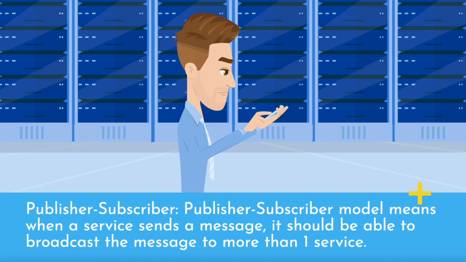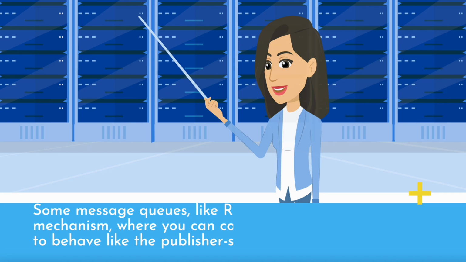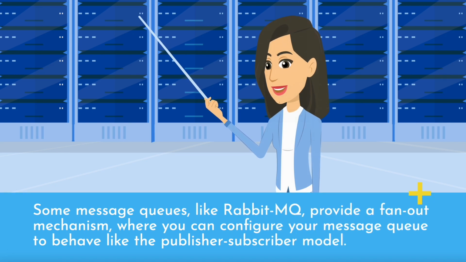Publisher-subscriber. Publisher-subscriber model means when a service sends a message, it should be able to broadcast the message to more than one service. Some message queues, like RabbitMQ, provide a fan-out mechanism, where you can configure your message queue to behave like the publisher-subscriber model.